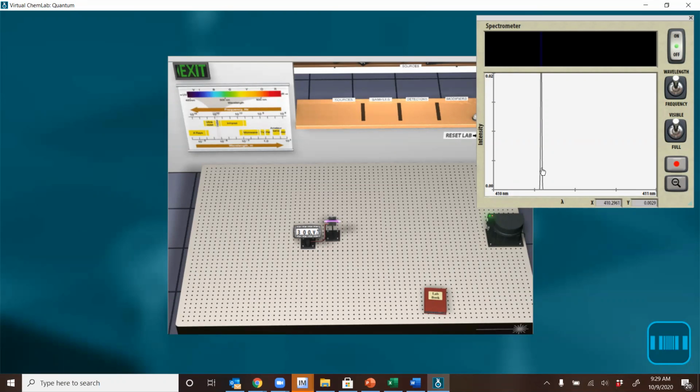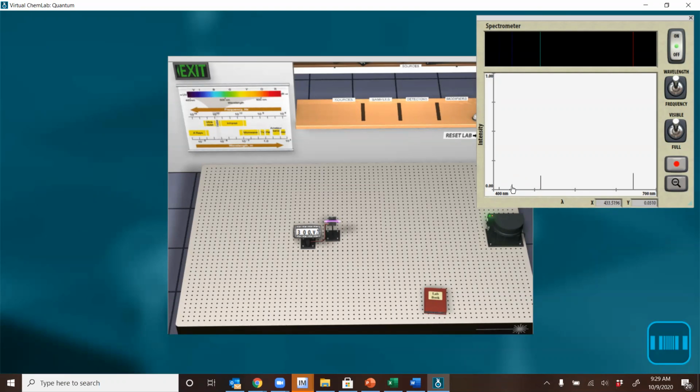That looks like about 410 nanometers to the nearest nanometer. I zoomed all the way into between 410 and 411, and there's the peak right there. So if we're going to the nearest nanometer, 410 nanometers is the wavelength, and you can always click back to visible and full and visible again, and it'll reset the graph.